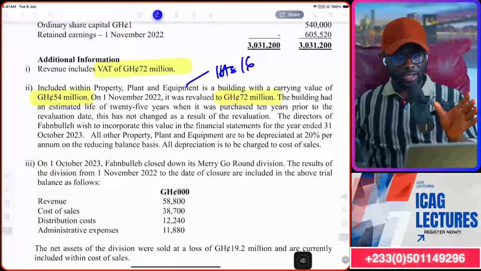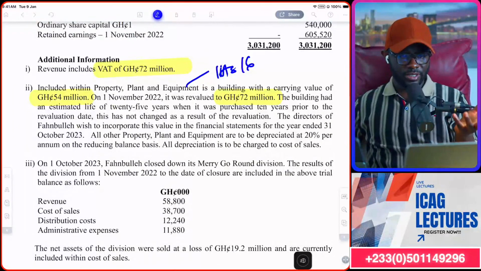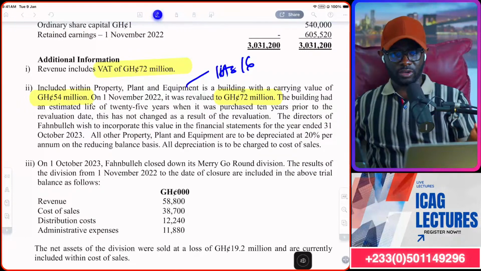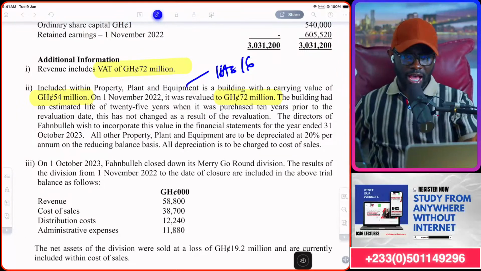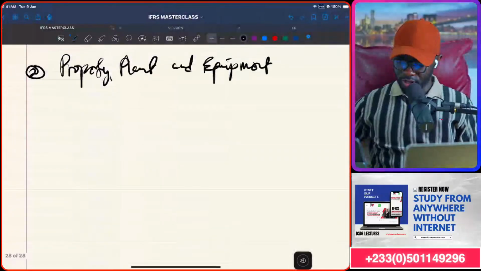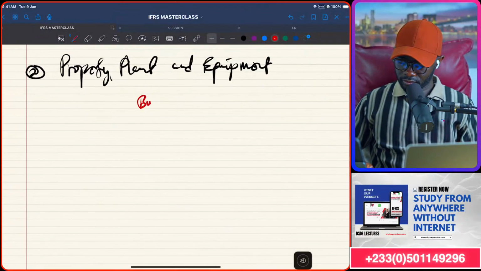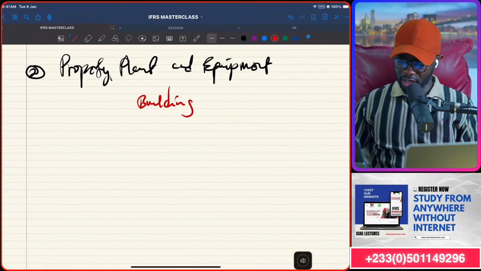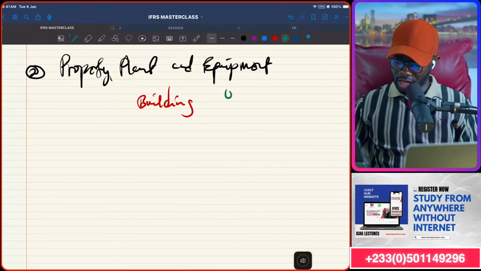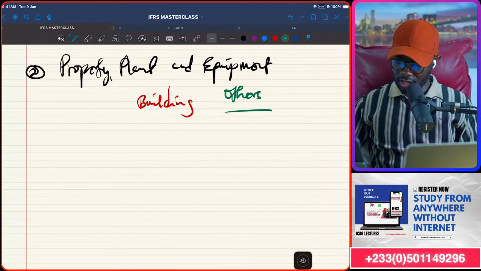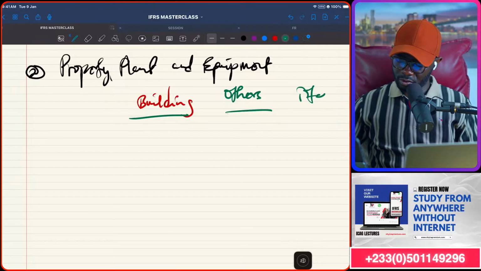From the look of things, it means the properties is being separated in respect of the building and the other property. So we will do the same thing here. So we'll have the building coming up. And then we'll have others coming up. Then maybe we'll have a total here.